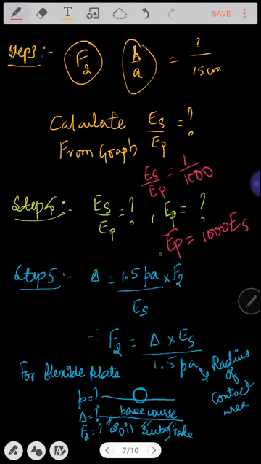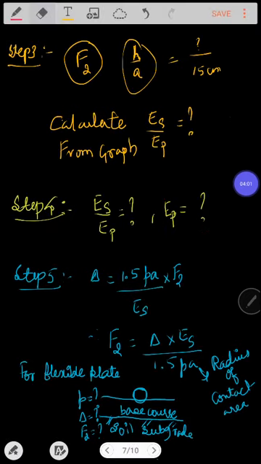Young's modulus of elasticity of the pavement is equal to 1000 times Young's modulus of elasticity of the soil subgrade. You know that always in the two layer system, let us assume this one as soil subgrade and this one as base course, Young's modulus of elasticity of the pavement will always be greater than that of the soil subgrade. That's why Ep is equal to 1000 times Es. We had obtained it from the graph.